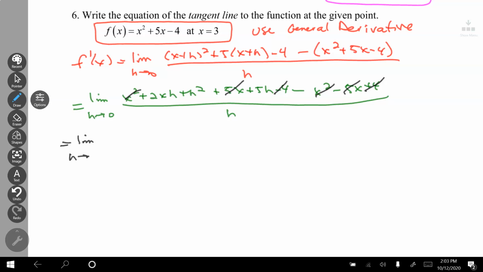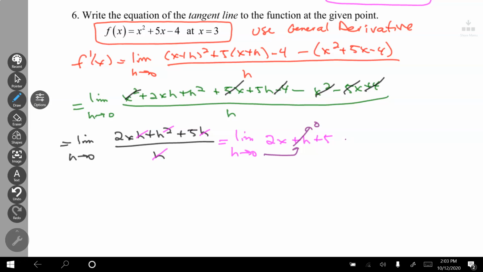The limit as h goes to 0 of 2xh plus h squared plus 5h all over h. I get 1h to cancel out everywhere. I get the limit as h goes to 0 of 2x plus h plus 5. But then I know that this h goes to 0. So I get 2x plus 5. So right now I have f prime of x is equal to 2x plus 5.